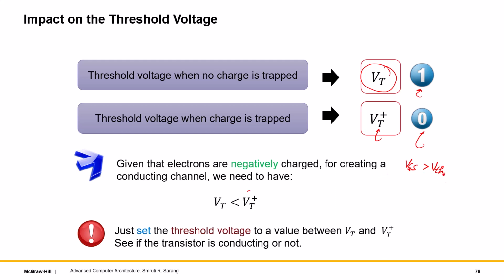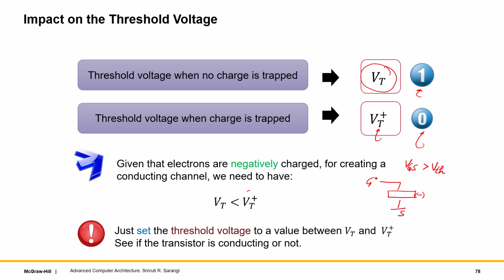Now what is happening is that if we have electrons in the floating layer, they introduce a negative charge. If, let's say, this is the gate terminal and this is the source terminal, then they induce a negative charge.